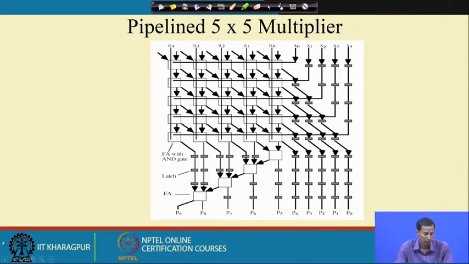Then suppose I want to improve the speed of operation. What we know is that for the array multiplier architecture, the delay, or the number of adder stages, is fixed, which is 8 full adder cells.